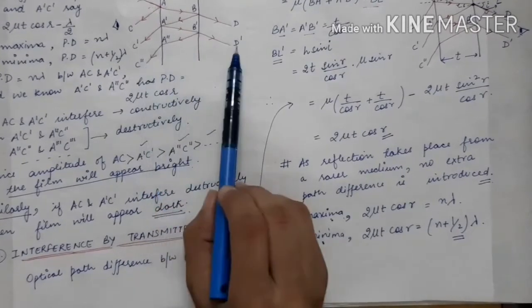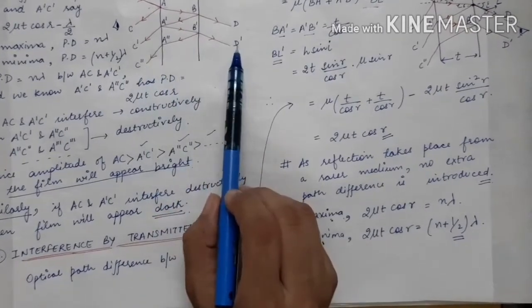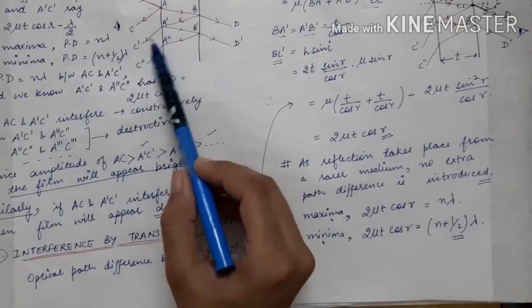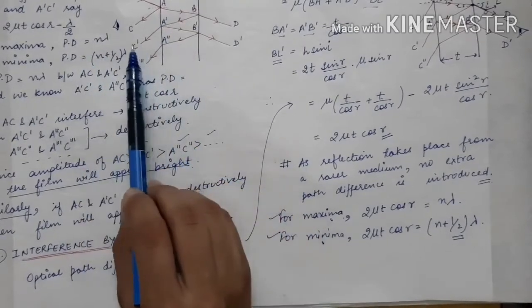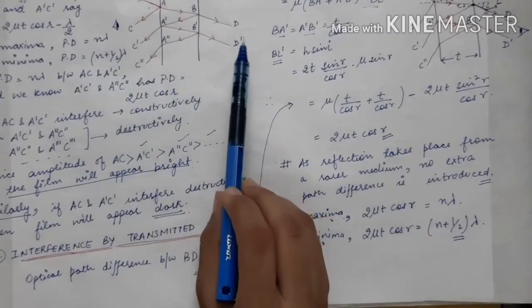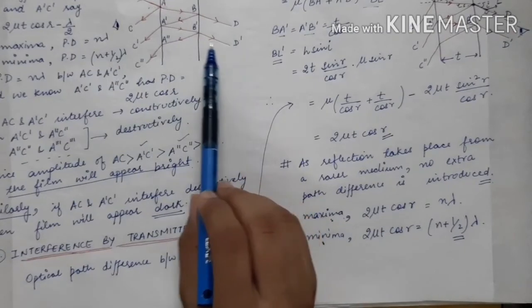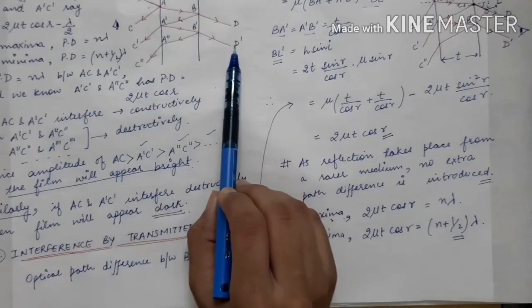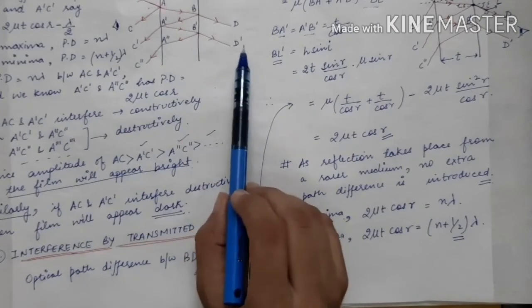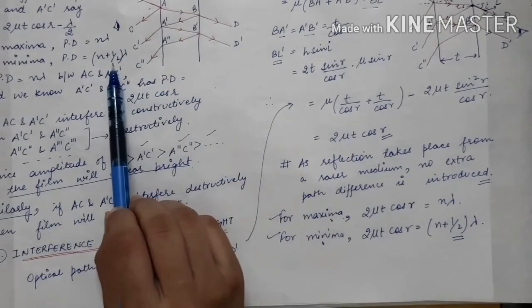So these are complementary to each other. Those components that appear from the left hand side will not appear from the right hand side, and those components that appear in the transmitted part will not appear in the reflected part.